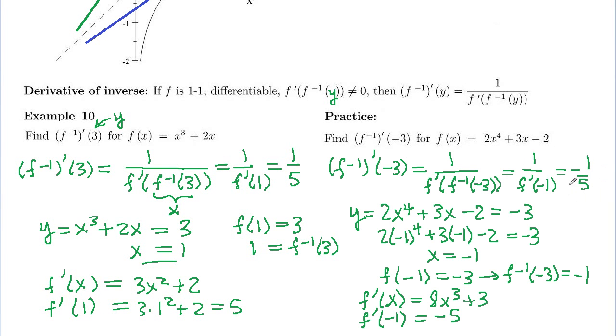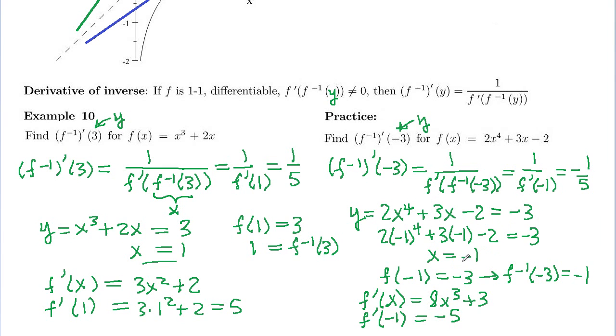Did you get -1/5? So f inverse prime at -3 is 1 over f prime f inverse of -3. That's this formula. -3 is our y value. And the first thing you do is find your f inverse of -3. So take your y function, set it equal to -3. By inspection, I found that x was -1. If you plug that in, you get -1 minus 2, so that's -3.